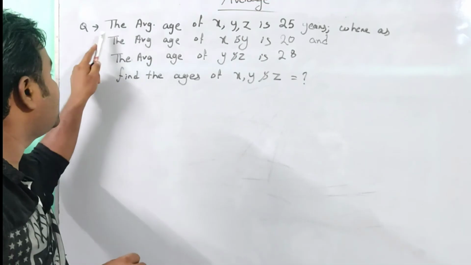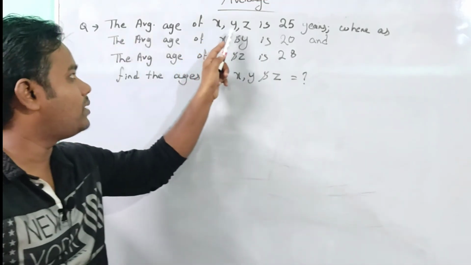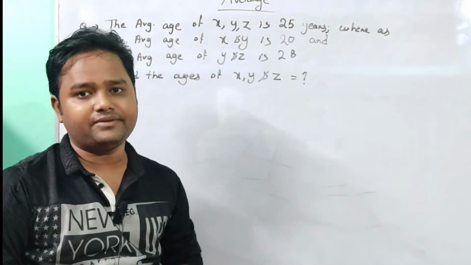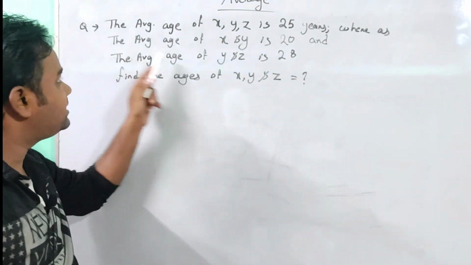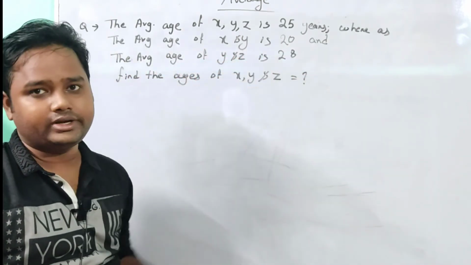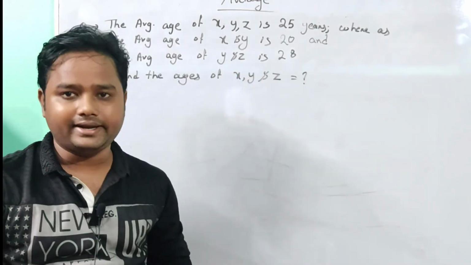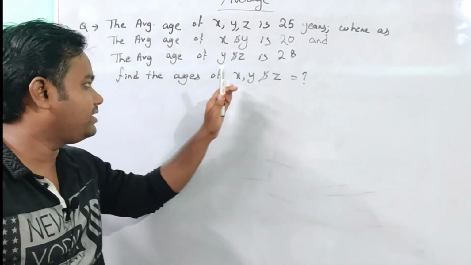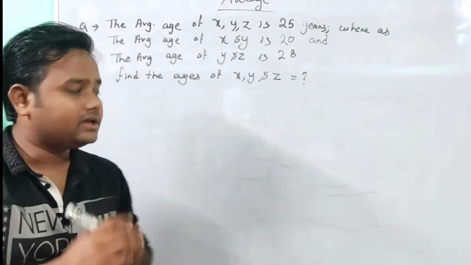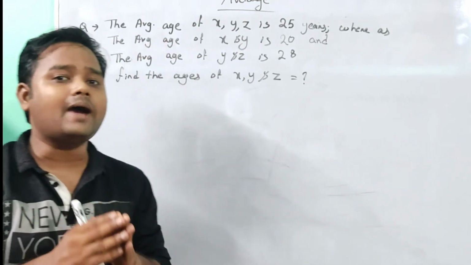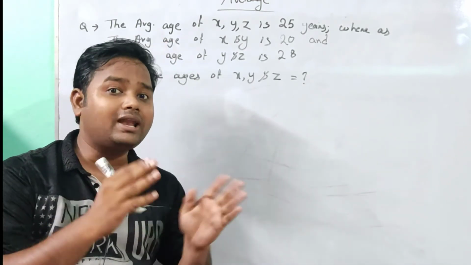The average age of x, y and z is 25 years, whereas the average age of x and y is 20 years and the average age of y and z is 28 years. Find the ages of x, y and z. In such type of question, we have to find the total age.